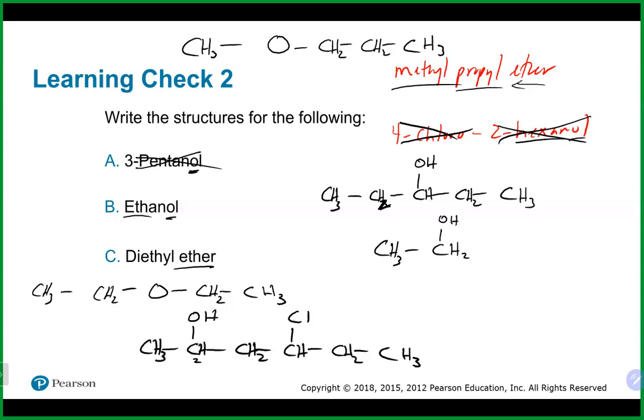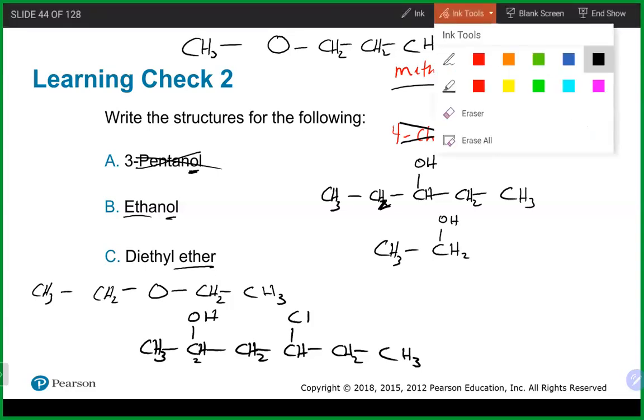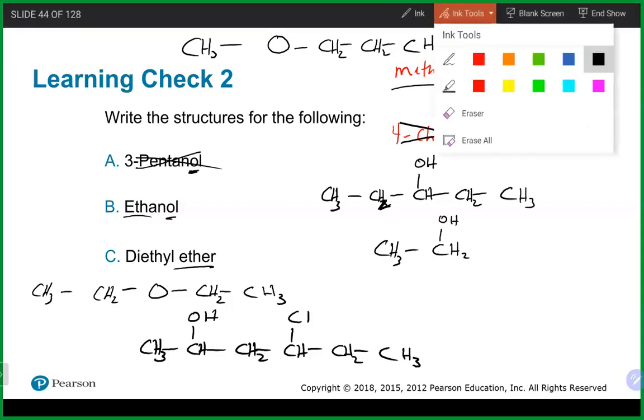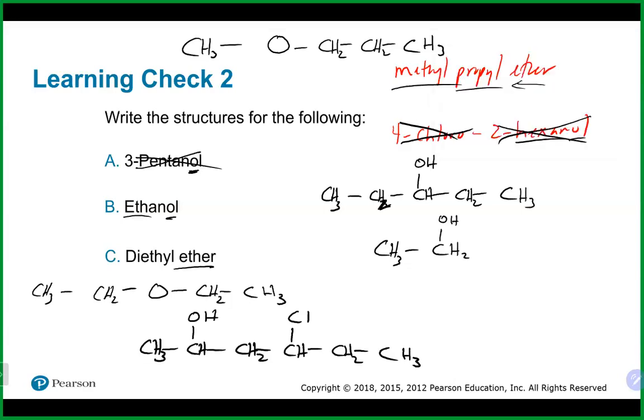And R3. Any questions on drawing any of these guys here? Yeah. Yeah, so if you drew it like this, which I think is what you're asking, it's all good.